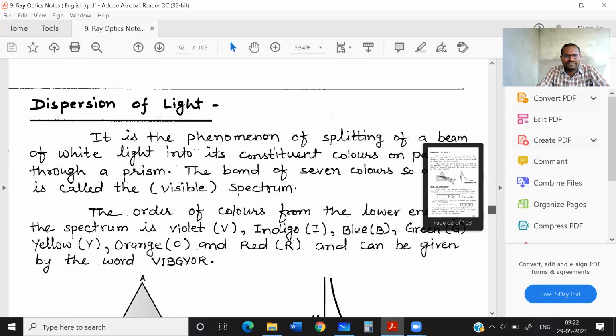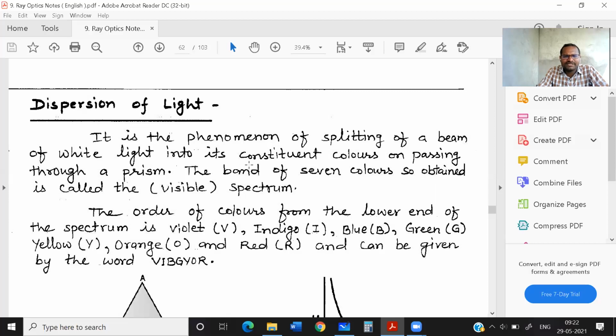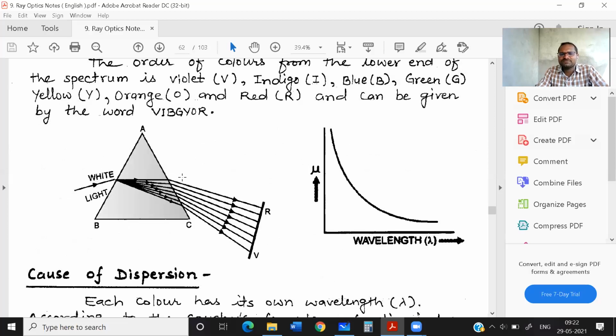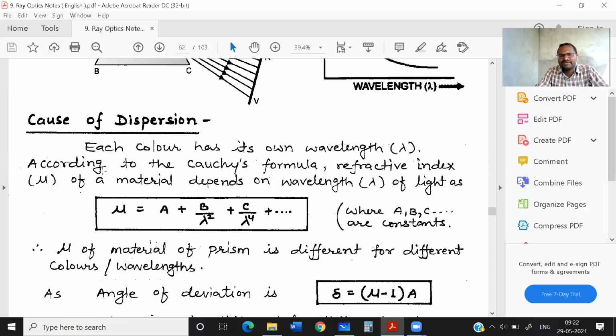Dispersion of light is the phenomenon of splitting of a beam of white light into its constituent colors on passing through a prism. What is the reason for the dispersion? Each color has its own wavelength. According to Cauchy's formula, the refractive index of a material depends upon the wavelength, inversely proportional.